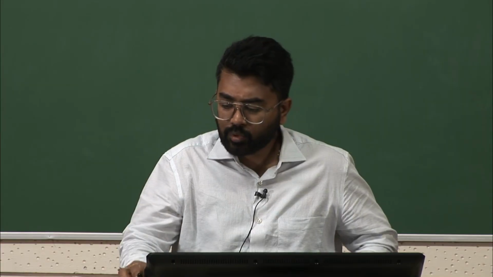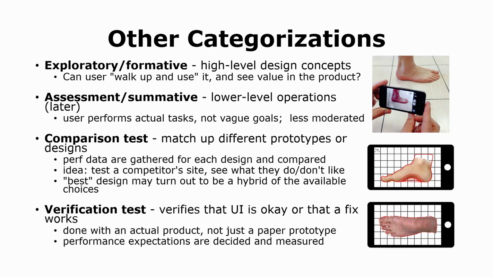So, going next, what are some of the other categories of usability testing? The first category is exploratory or formative, where there are high level design concepts. Can the user really use the high level design concepts or very complex features of this particular product, and do they see the value of these features? Many times you would have a very complex button or a complex kind of measurement system, maybe an auto measurement.